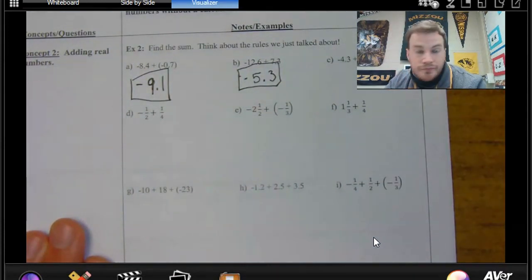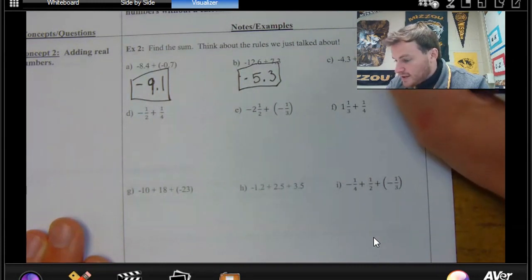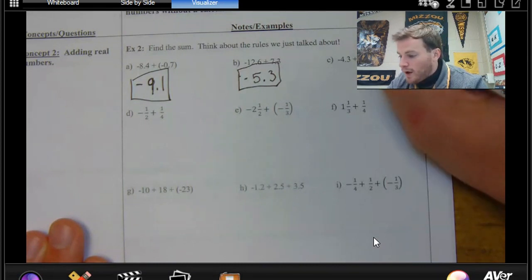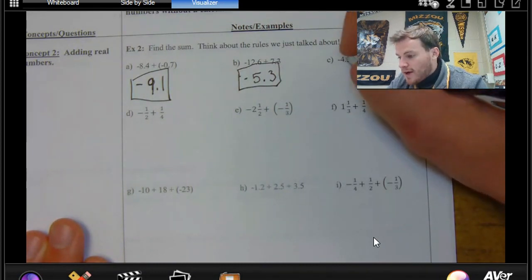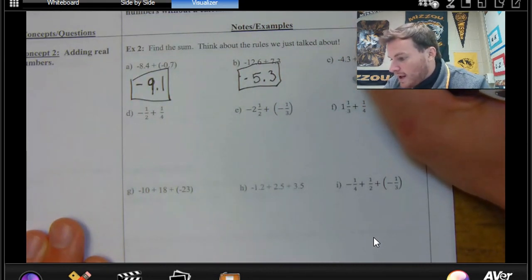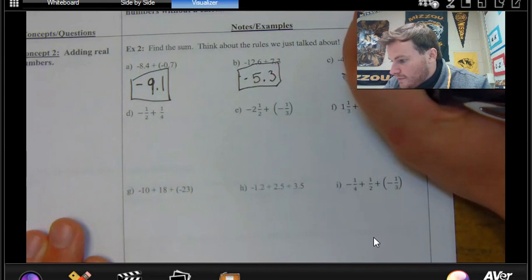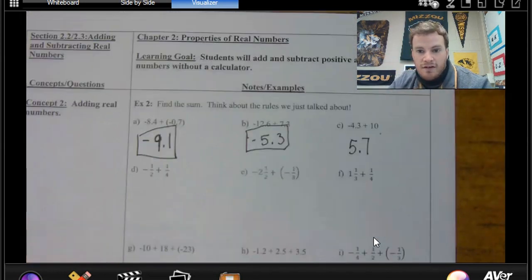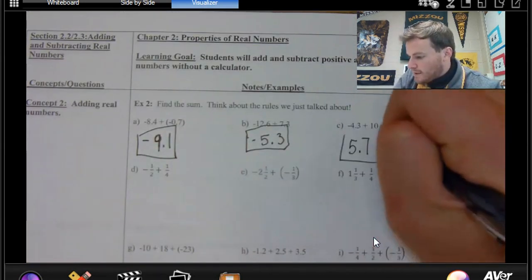You can rearrange this to be 10 minus 4.3, or we can just do our rule. Since they're opposite signs, we take the larger number and subtract the smaller one. So 10 minus 4.3 equals 5.7. Since the 10 is positive, it is the larger number, so we keep that positive.